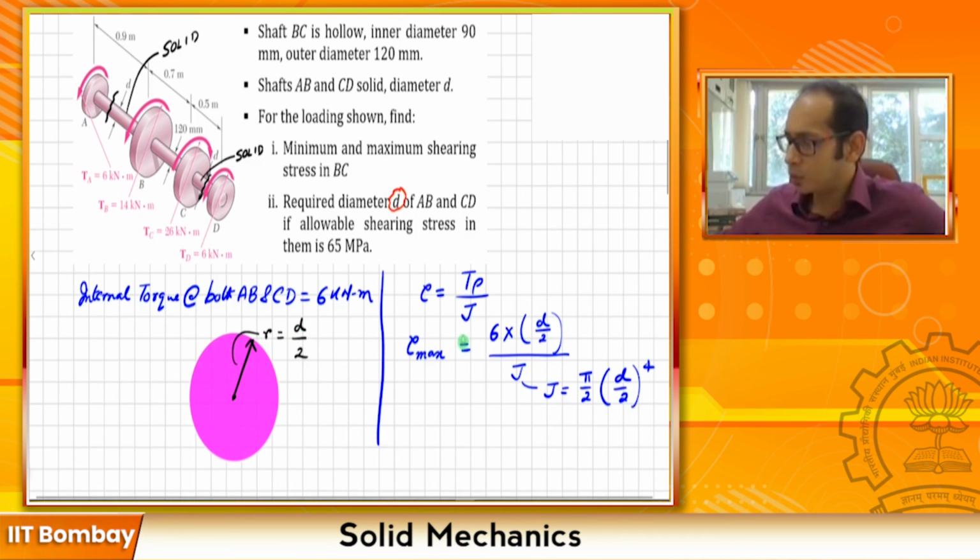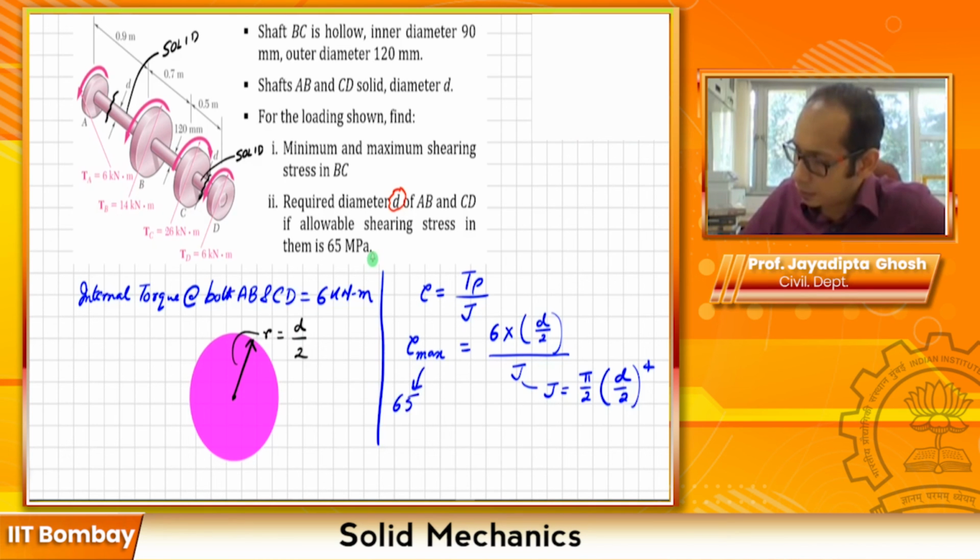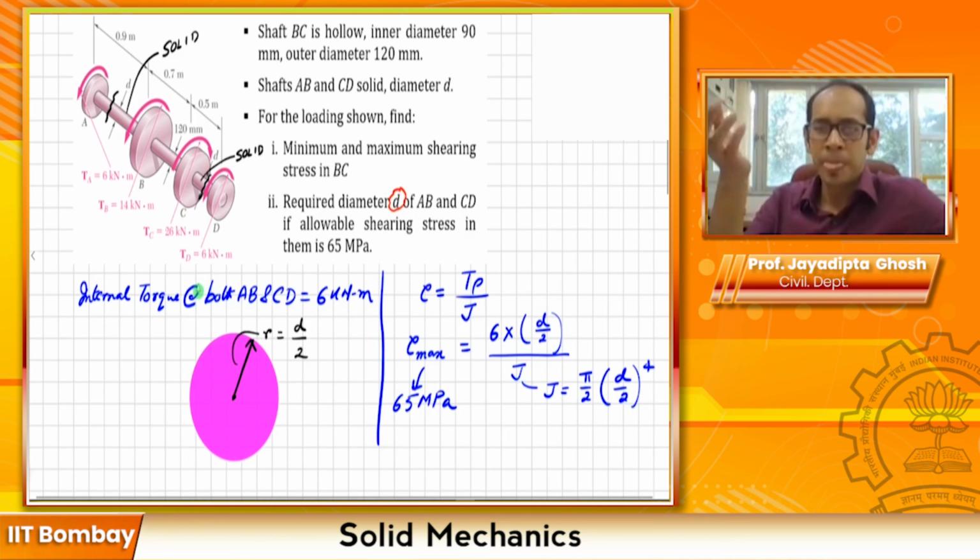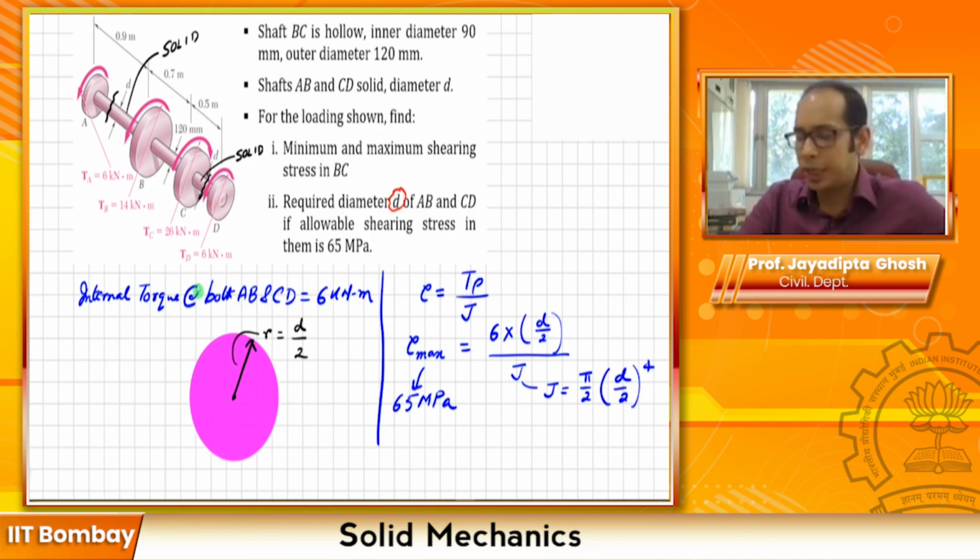And tau max is the maximum shear you are allowing, which is 65 MPa. You have to do a slight change of units, because here you have put your 6 in kilonewton meter.